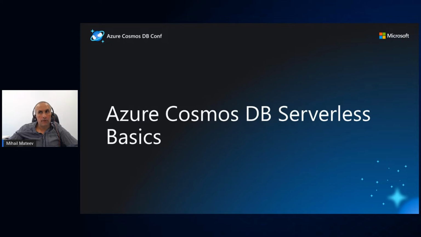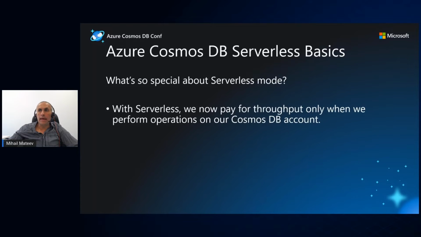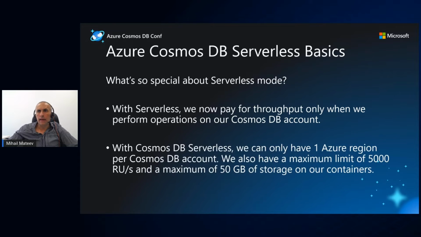When we have serverless mode, in this case, we have throughput which is not specified. We have this serverless mode from the beginning when we create the Cosmos DB account. I will show this a little bit later in demos. And in this case, we have some limitations. Yes, it is not possible to have multi-region deployment.